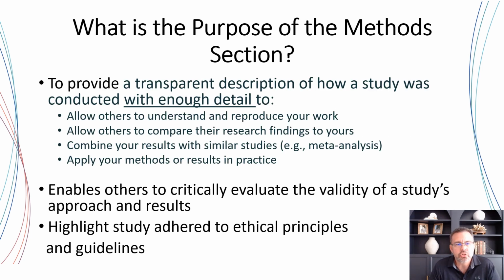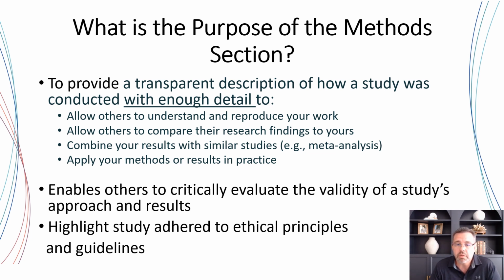So people's descriptions of the purpose of a method section certainly may vary, but in general, most will agree that the overarching goal is to provide a transparent description of how a study was conducted with sufficient detail to allow others to understand and to reproduce your work.